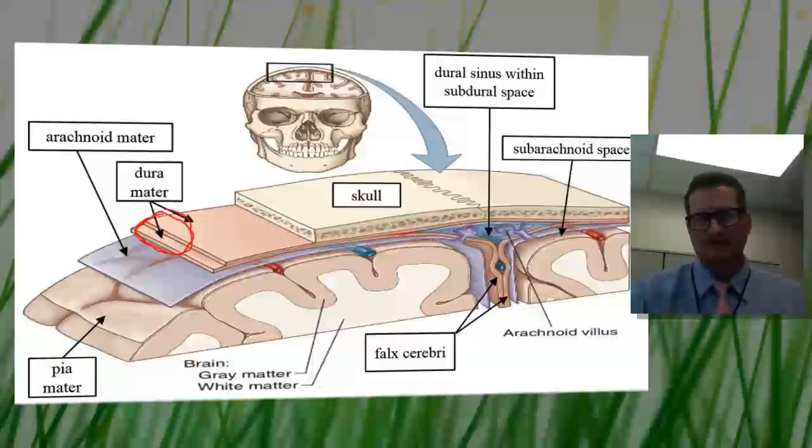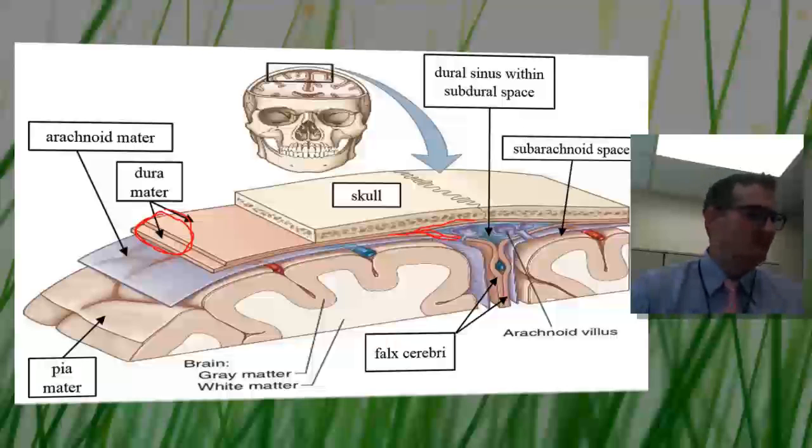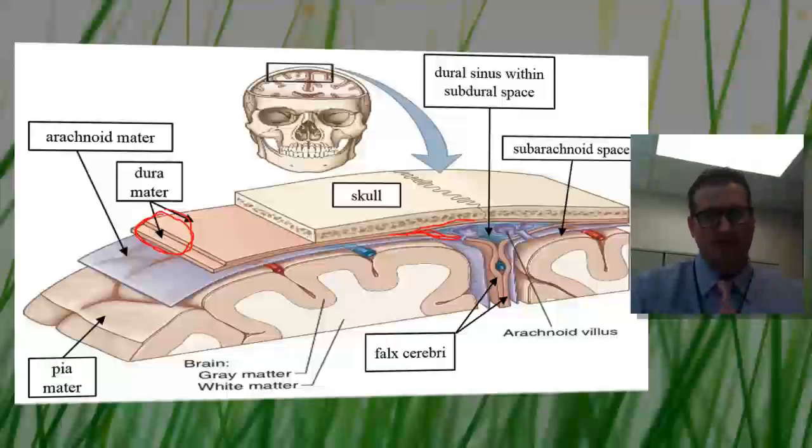And so here's the outermost and then an inner layer, and we'll talk about why that is significant in a minute. The arachnoid mater is this blue colored layer here, and then the very fine pia mater, which is down here right on the surface of the brain.